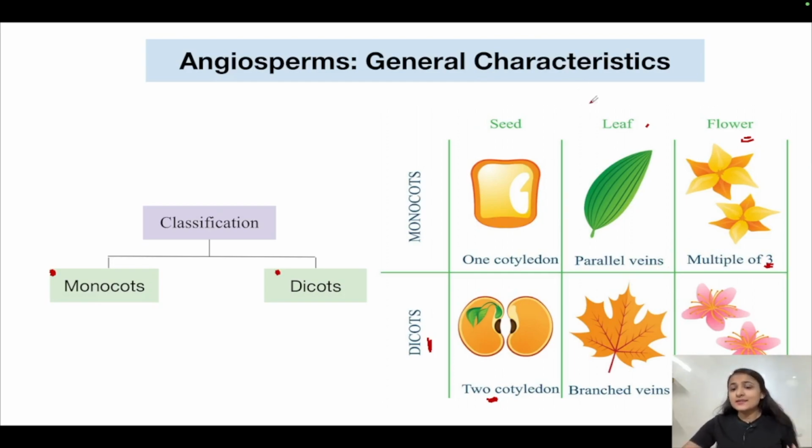The flowers can be tetramerous or pentamerous. Here the flowers are trimerous, present in multiples of 3. Here the petals or sepals could be present in multiples of 4 or 5, for example 4, 8, like that. So this was the major difference between monocot and dicot plants.